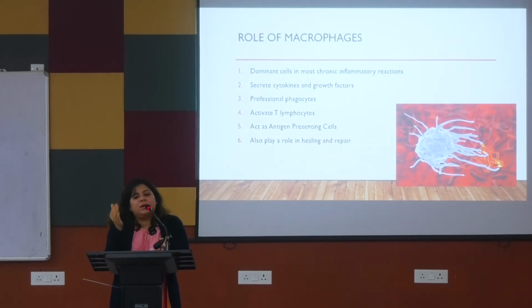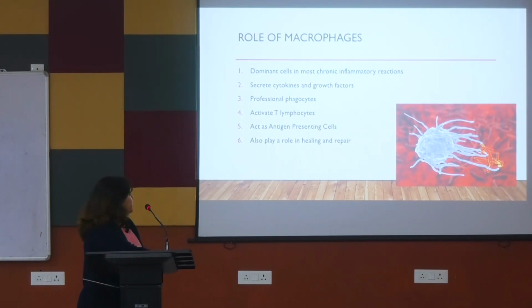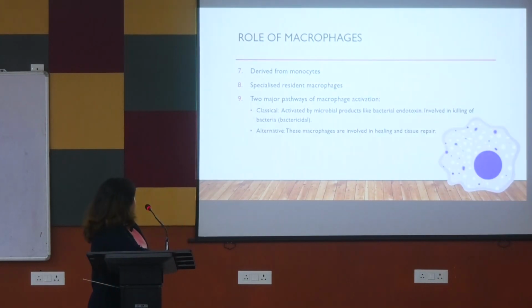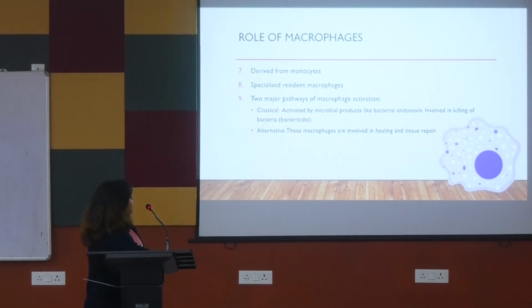And along with that, there are two kinds of macrophages, right? One of them will attract the T cells. The other will try to lay down collagen and attract fibroblasts. So there are two major macrophage activation pathways. One is classical, which is activated by microbial products like bacterial endotoxin, involved in killing of bacteria.